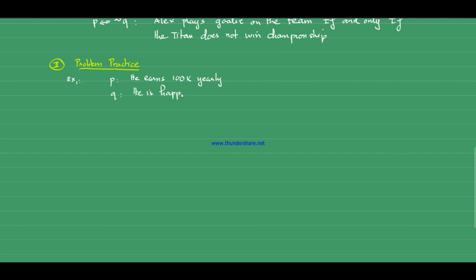Now they want us to write the statement for the following symbolic statements. Question A, the symbolic statement is the negation of P or Q, P and Q.